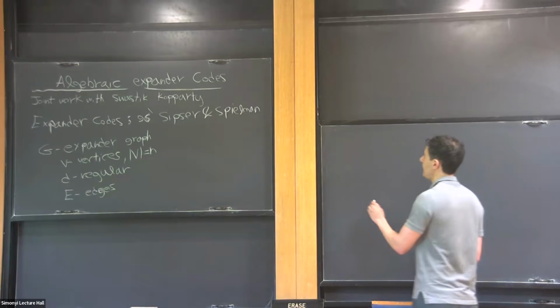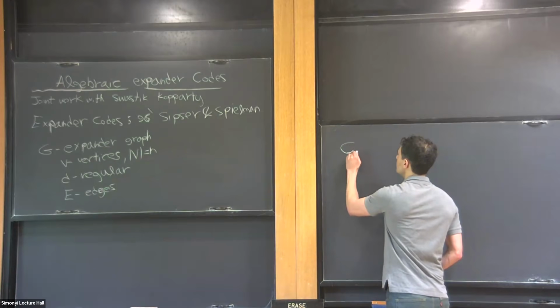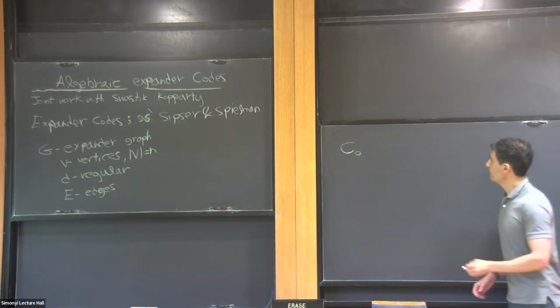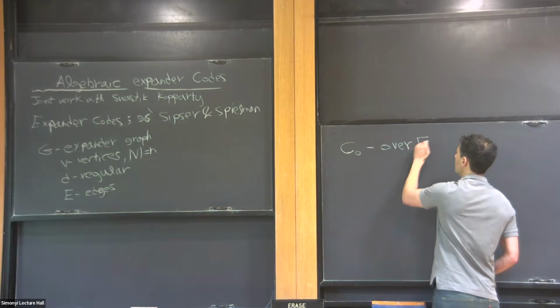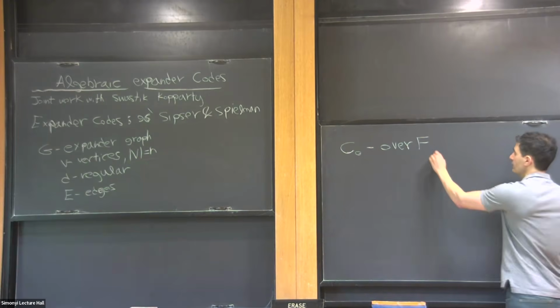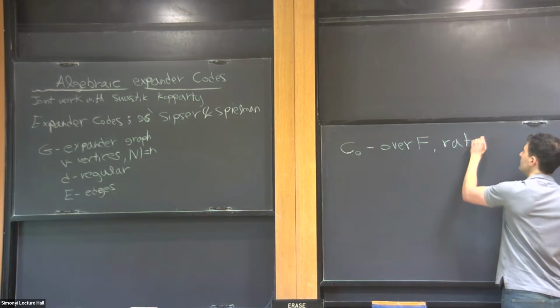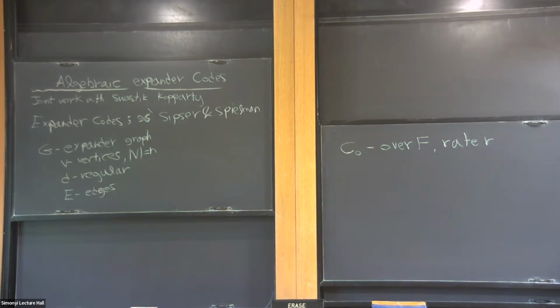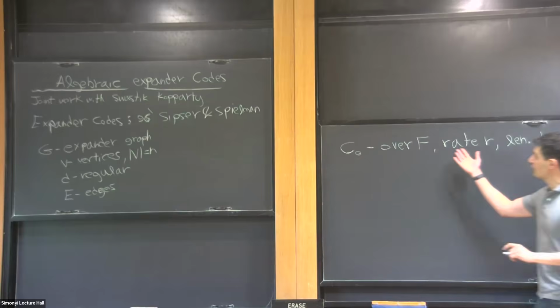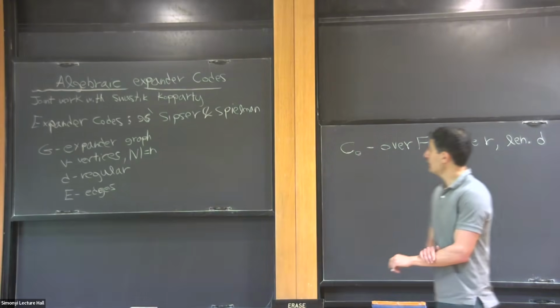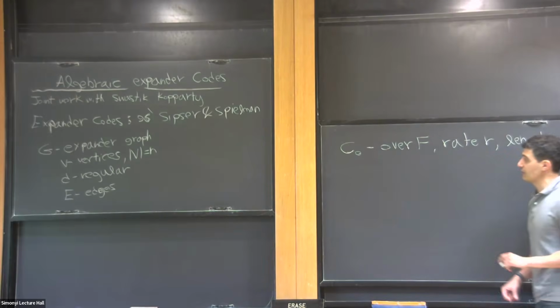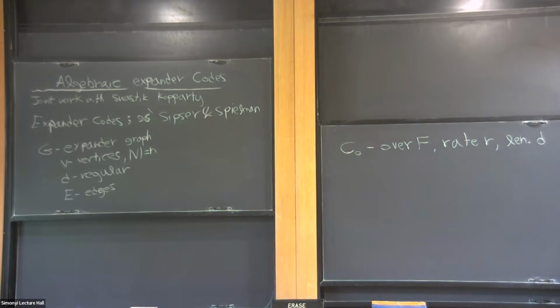The second ingredient is a local code, C0, a code over some finite field F, with some rate R, and length D. That D is the only parameter that connects the code with the expander graph: the length of this code is the regularity, or degree, of the expander graph.